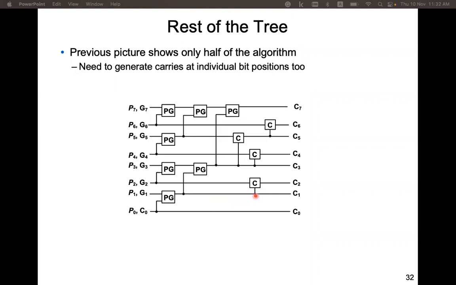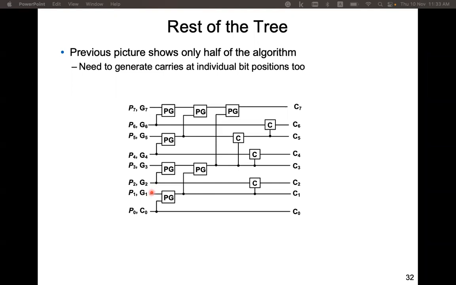Because C1 is known and P2, G2 are known, you can use this equation: Ci equals Gi plus Pi times Ci-1. This is for this bit; this is the input, this is the output.